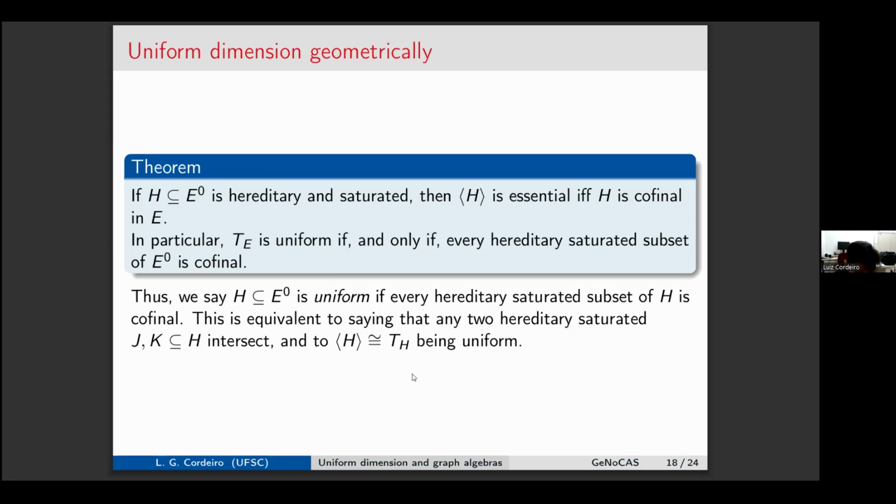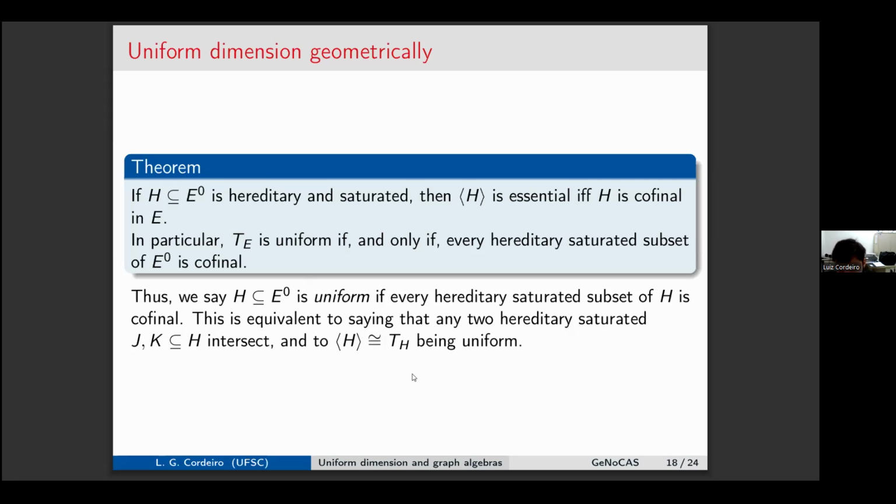I mean, TH is defined not just by the vertices of H, right? Yeah, but it is the reduct of the graph E to the set of vertices.